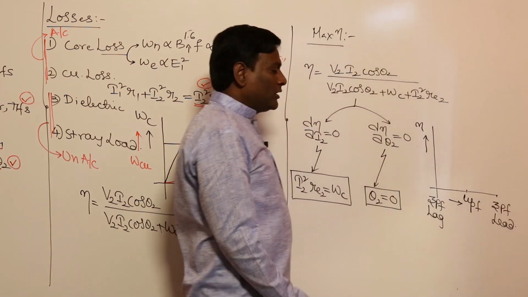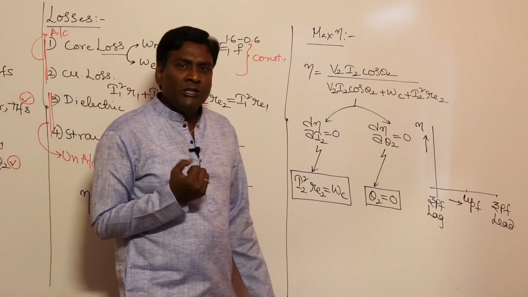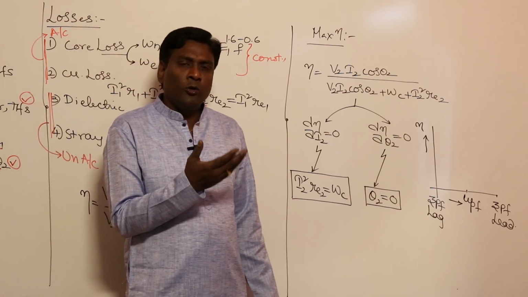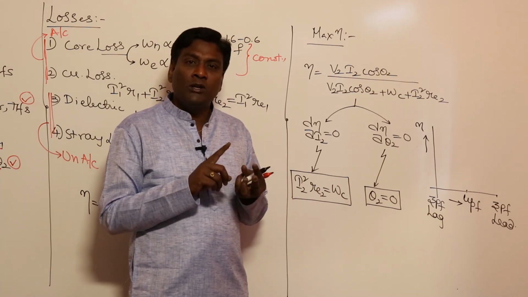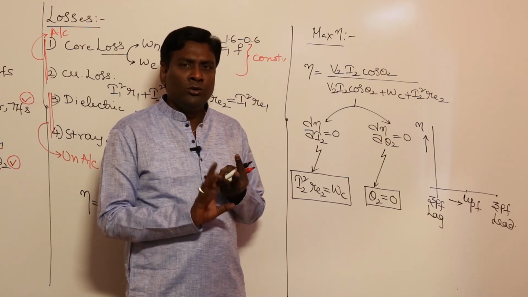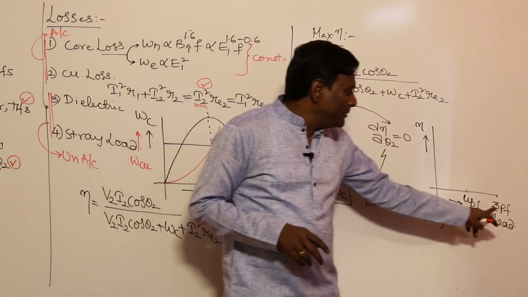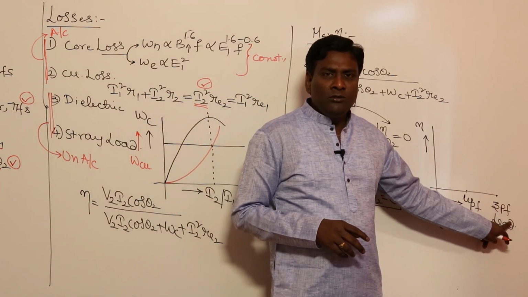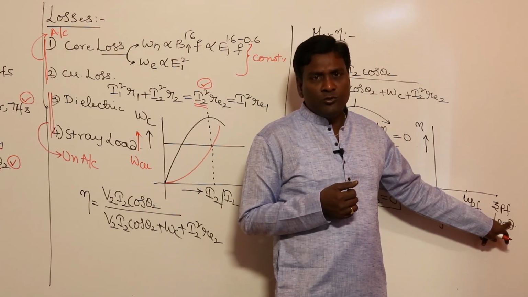If I think of zero power factor in a given transformer, what is the actual power output? V2 I2 cos theta 2. Theta 2 is going to be 90 degrees, cos theta 2 is 0, so output power is going to be 0. So at ZPF lag and ZPF lead, output power is 0. Efficiency is output divided by output plus losses, so efficiency also is going to be 0.